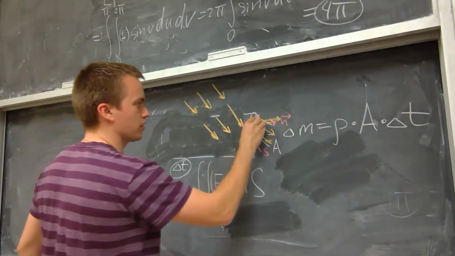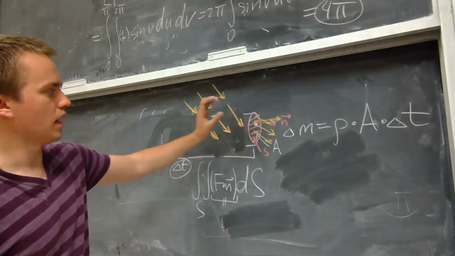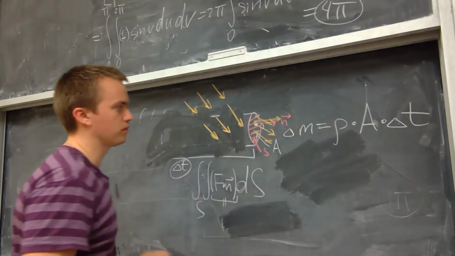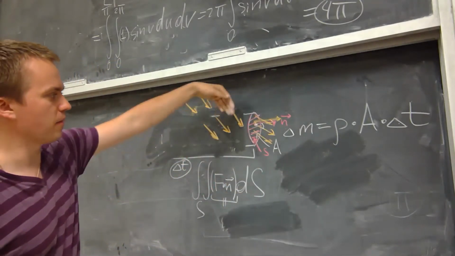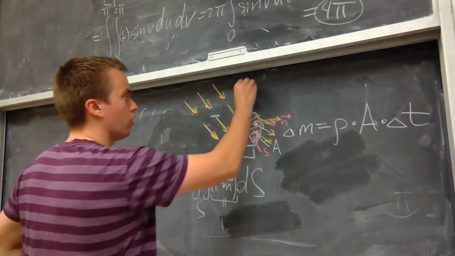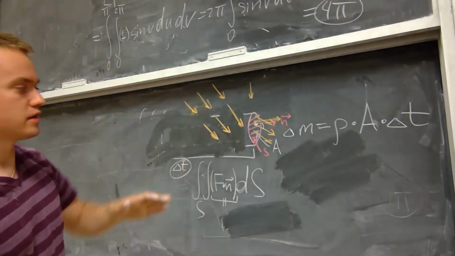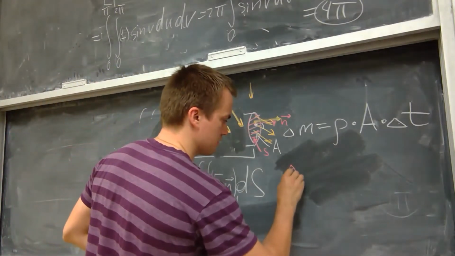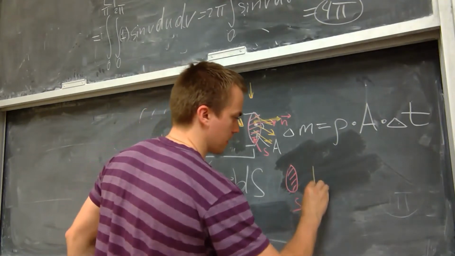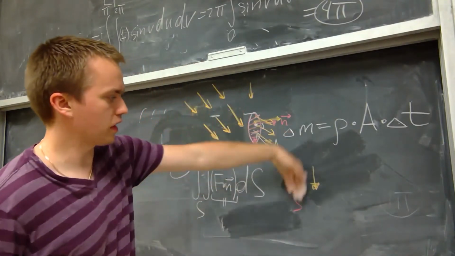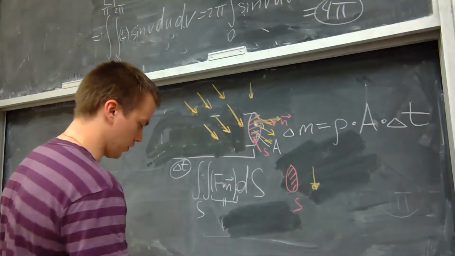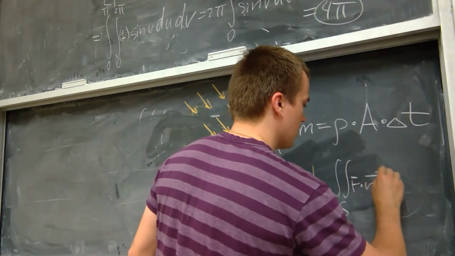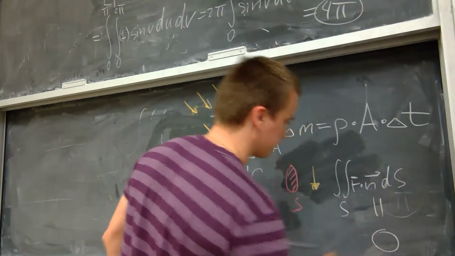So I'm also going to measure the intensity, the amount of electric field that goes through my S, but I can see that my amount is not going to be full. If my electric field goes parallel to my S, then there's going to be no electric field through it. For example, if this is my S and this is my electromagnetic field, then no field comes through my S. So in this case, the double integral over S of F dot n dS is going to equal 0.